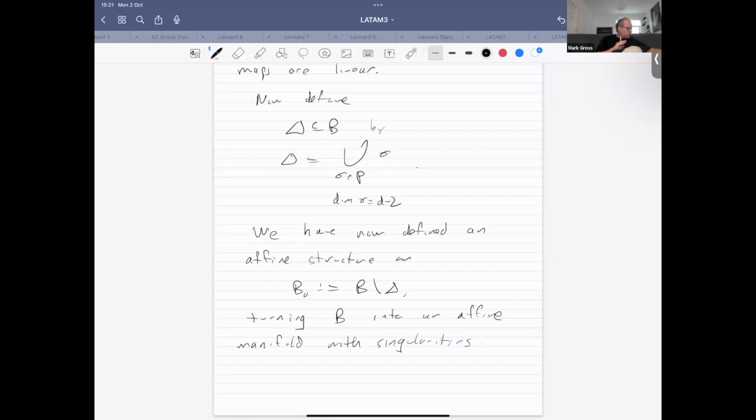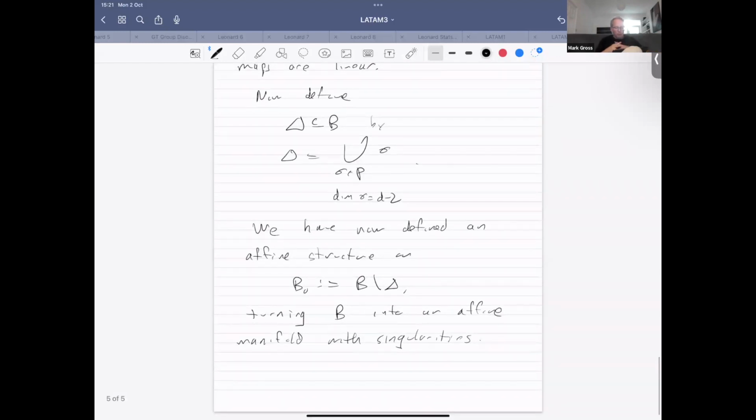Okay, so I'm going to do a couple of examples. But first of all, let me just remind you that last time I talked about the SYZ conjecture and explained how affine manifolds with singularities played a crucial role. I showed you an example of such an affine manifold with singularities coming from the quintic threefold.